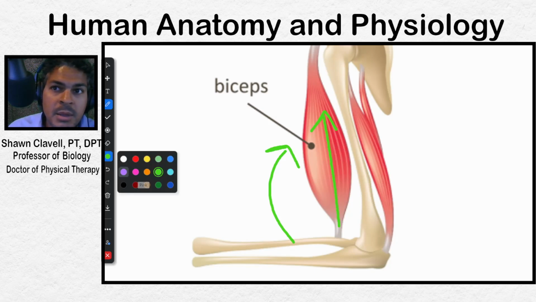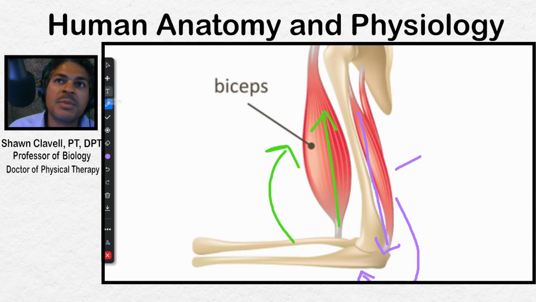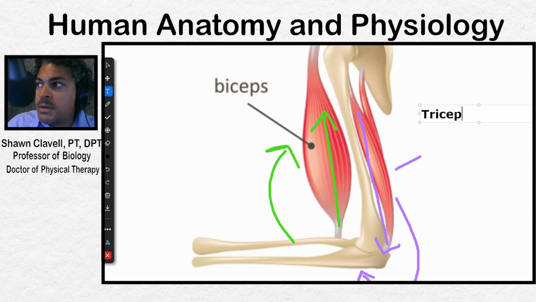But on the opposite side, you have a muscle that is lengthening and as a result is relaxed, allowing this motion to occur. This is a muscle called the triceps. While the biceps is contracting and shortening, your triceps muscle is lengthening and relaxing.